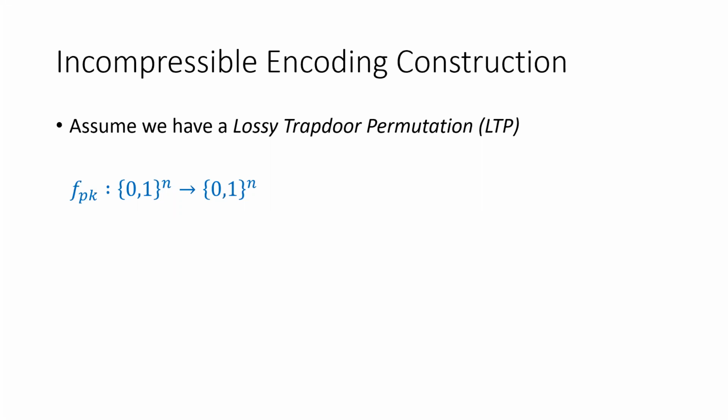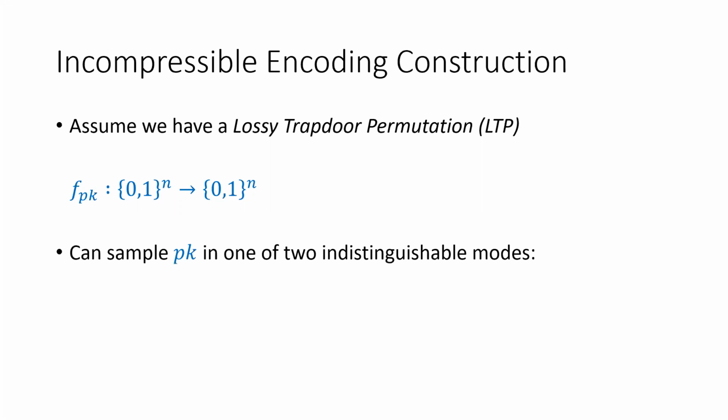So Lossy trapdoor permutation is just a family of functions, f, that's keyed by some public key pk, and it maps n bits to n bits. So the domain and the range are both n bits. And the property is essentially the same as Lossy trapdoor functions, if you know what they are, except that it's also a permutation.